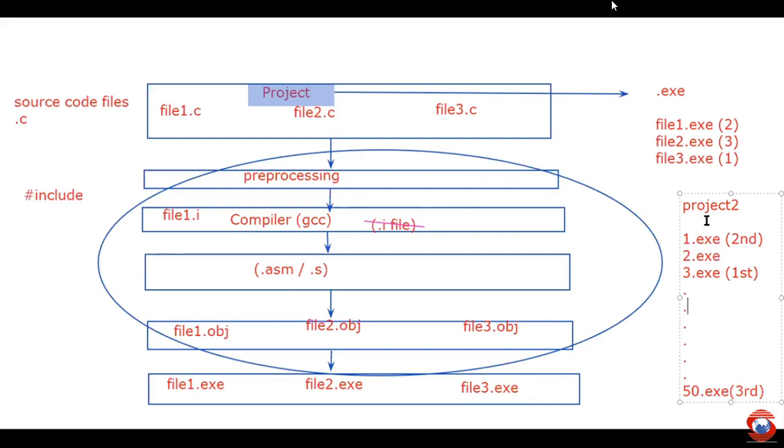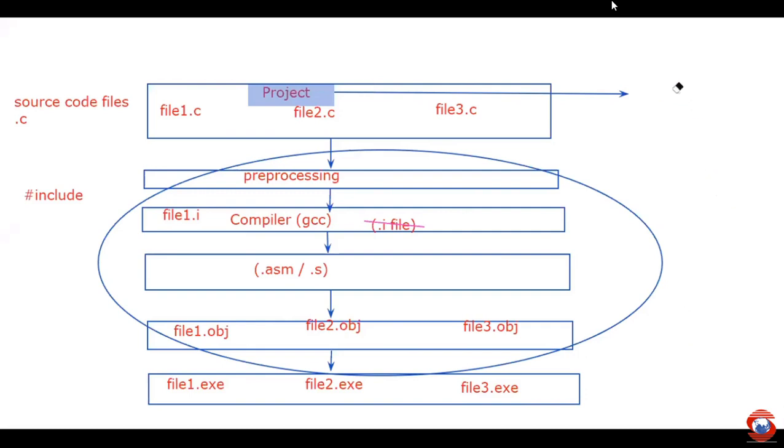Of course, no one will buy my project. No one will look into this project because this is very difficult for remembering the sequence and following the sequence, right? So what actually happens whenever any object file is generated, then there comes a linker in between.